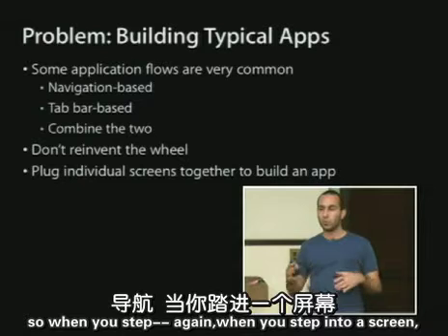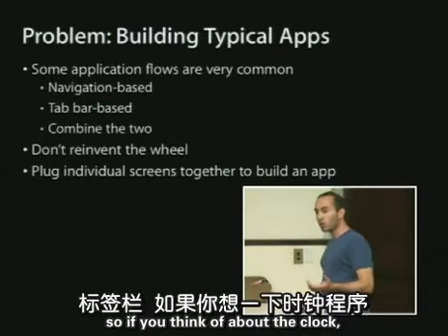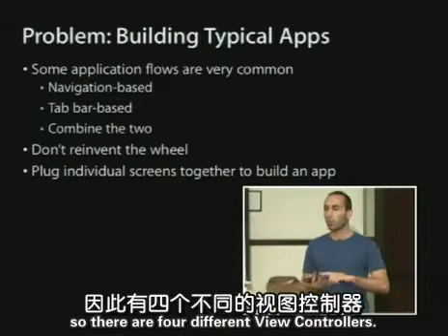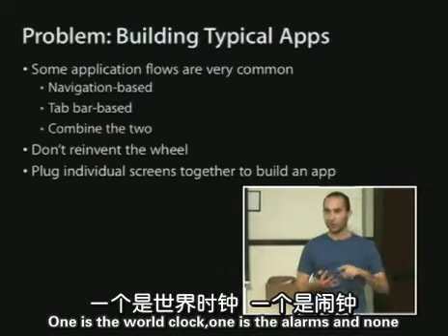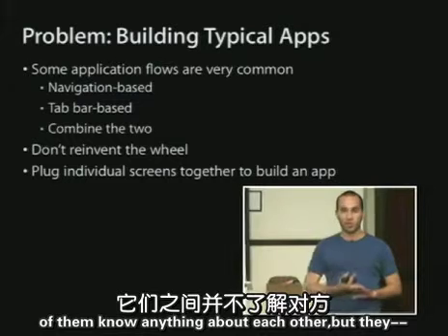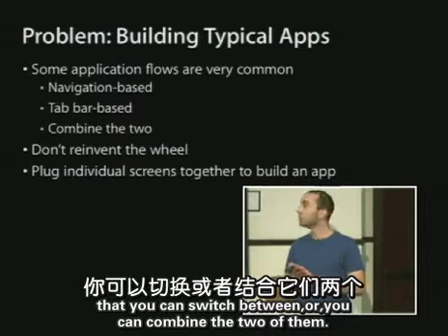Again, a few different flows that you may want to consider, which use view controllers fairly heavily. Navigation. So when you step into a screenful, that's generally another view controller. Tab bars. So if you think about the clock, there are 4 different tabs, so there are 4 different view controllers. One is the world clock, one is the alarms, and none of them know anything about each other, but they're each kind of neighbors that live side by side that you can switch between.